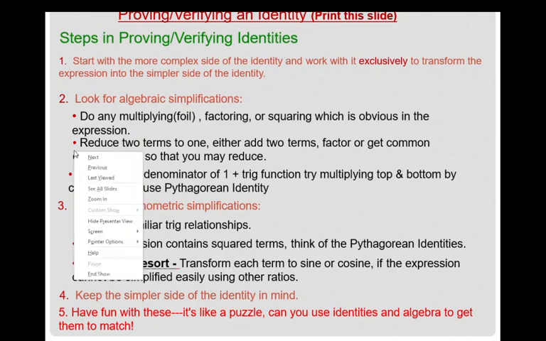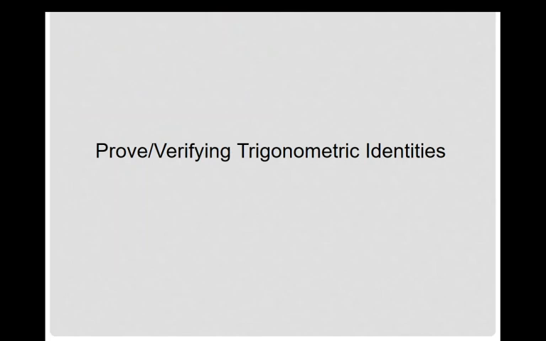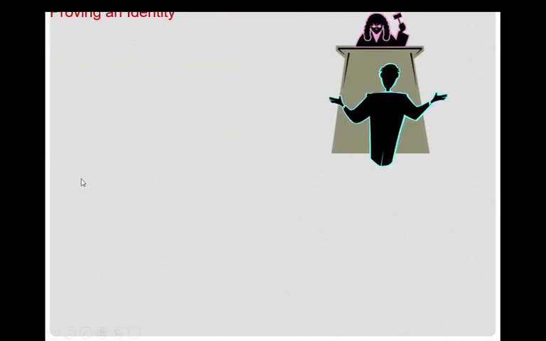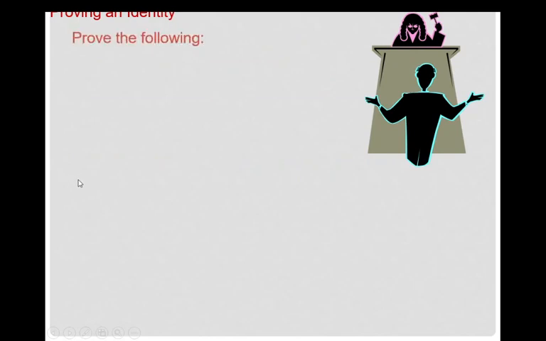Okay, so let's put these into practice. We're going to do some practice problems. Prove the following: secant x plus 1 times 1 plus cosine equals 1 plus secant x.